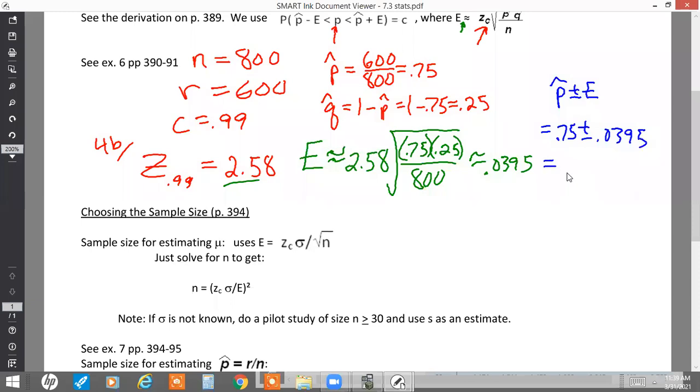And if you plug that into your calculator, you're going to get 0.71 up to 0.79. So we're 99% confident that P, the proportion of successes, is somewhere between 0.71 and 0.79. Any questions on that?